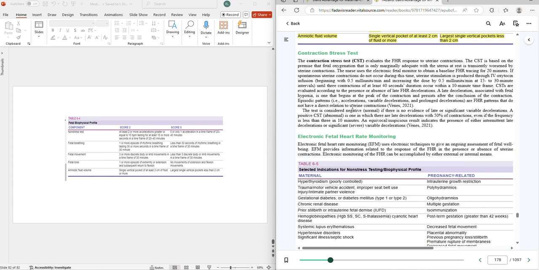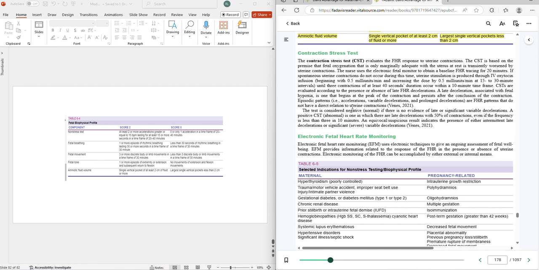With the contraction stress test, we do something to actually augment or start the contractions. It's based on fetal oxygenation to see how the baby's doing. We may do nipple stimulation because in a woman's breast there is natural oxytocin, which is pitocin. Stimulating the nipples with a washcloth activates the oxytocin.